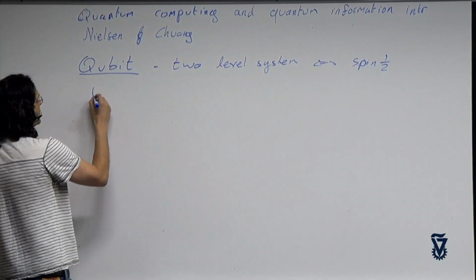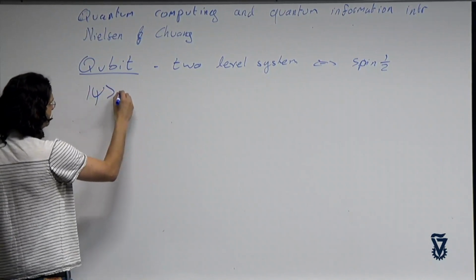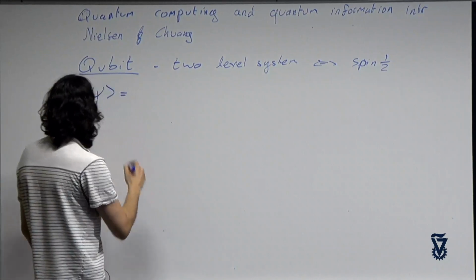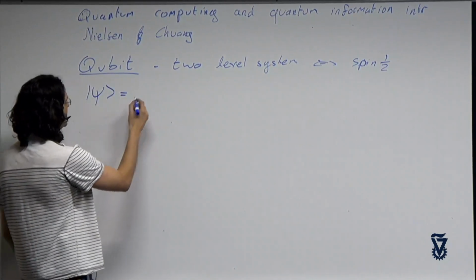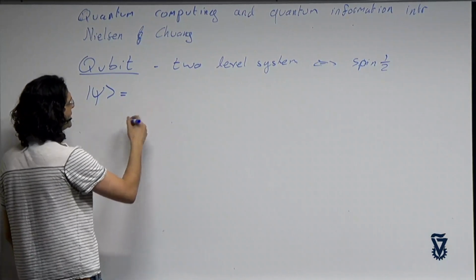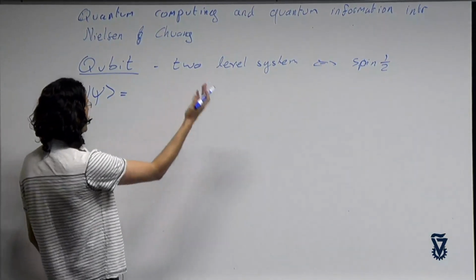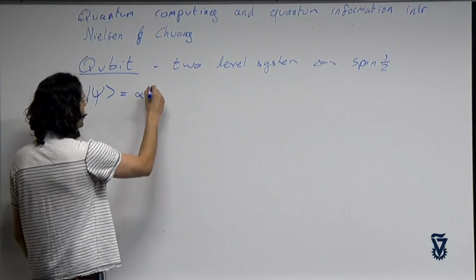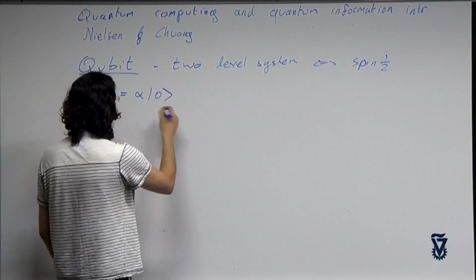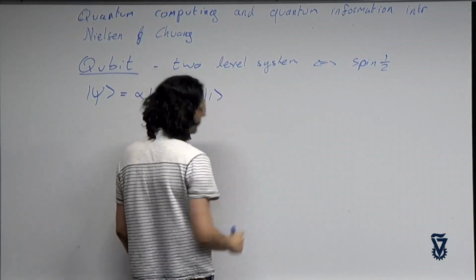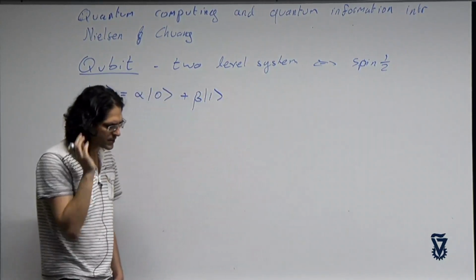And the wave function of a qubit is just written like this, usually in some basis. So you choose a basis. You call your two states 0 and 1. And then your wave function is just some alpha |0> plus beta |1>, where alpha and beta are complex numbers.